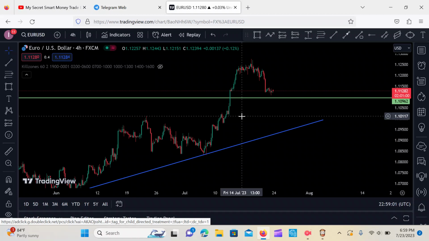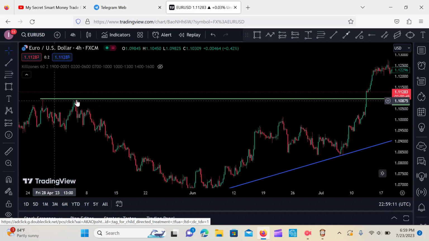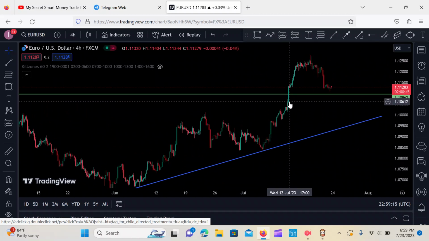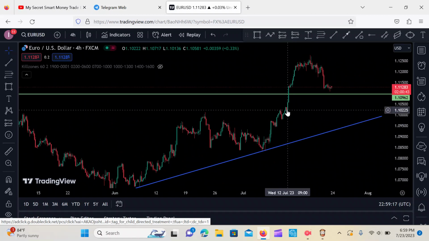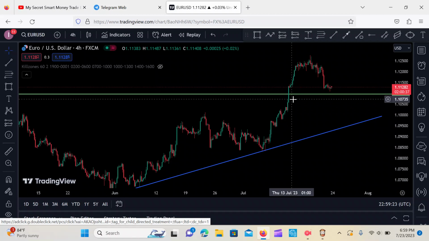So it either leads to a change of character or leads to a break of structure. We have a structure right back here. Price broke the structure to the upside with an inefficiency, leaving this order block behind. Yeah, there's an inefficiency here, so we can clearly see those points.